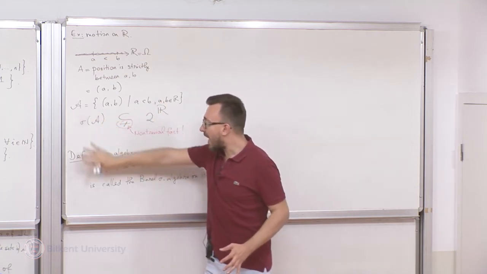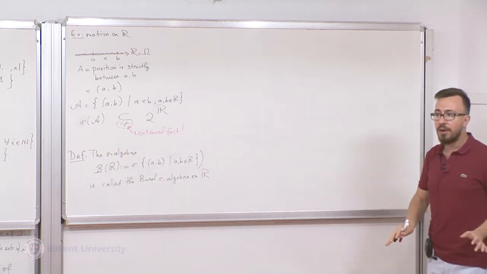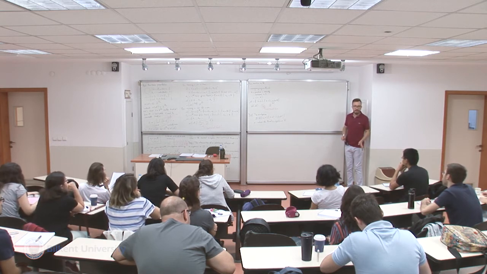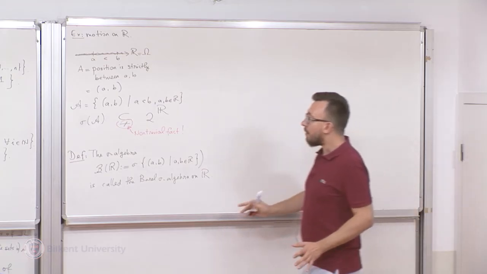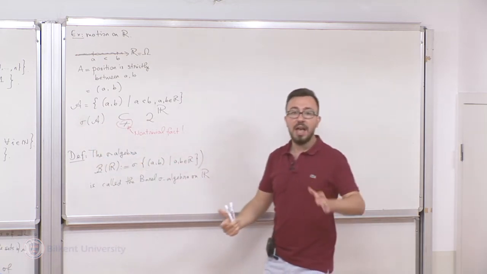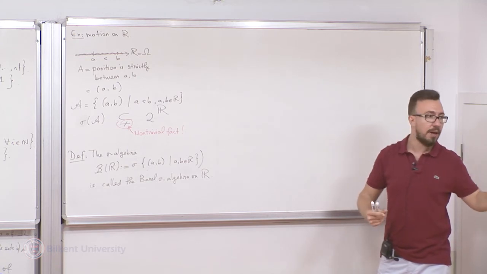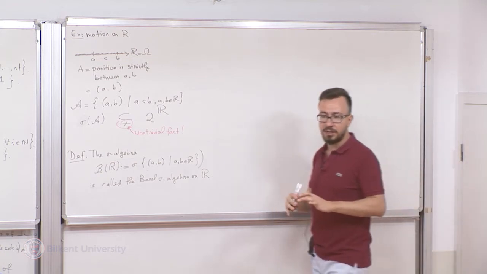But on this Borel sigma algebra, you don't have those troubles. I'm going to state a negative result when we come to discuss measures and probabilities. So hopefully that negative result will convince you. But for now, I'd like to say that this is the important sigma algebra on the real line. We will always deal with the Borel sigma algebra on the real line. Okay? So it is the very important sigma algebra for us.